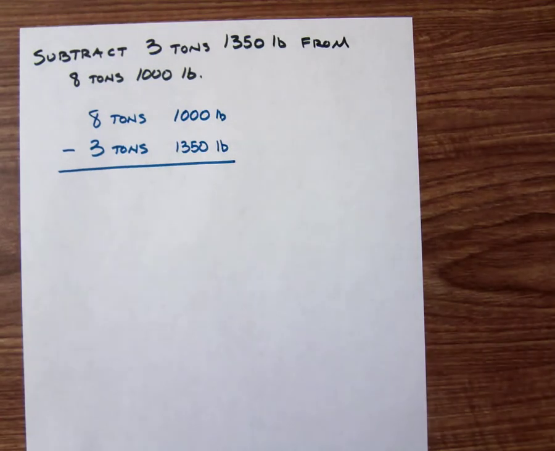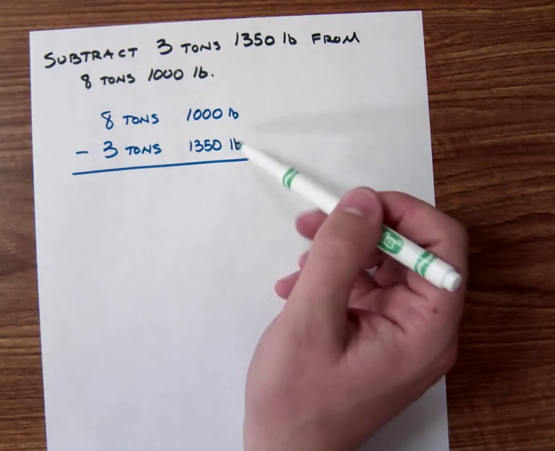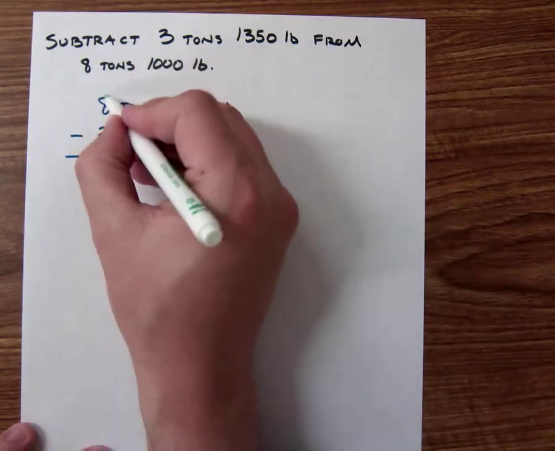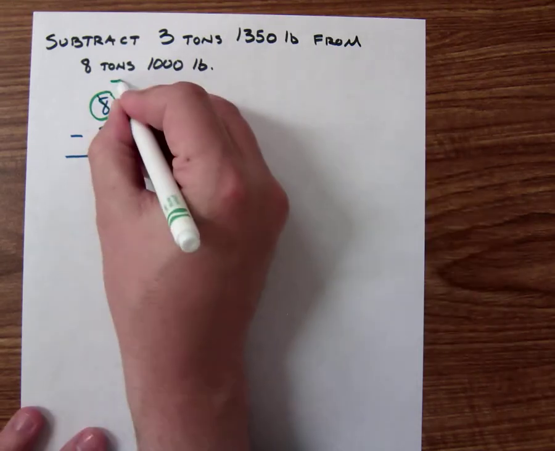In subtraction, the order that you subtract them in is really important. We want to start subtracting from the right and work our way over. So we want to subtract the pounds first, the 1,000 pounds minus 1,350 pounds. This is a problem for us right off the bat because 1,000 minus 1,350 is negative. So we're going to have to borrow some from this 8 tons. Let's take 1 ton off of there so that it's 7 tons.